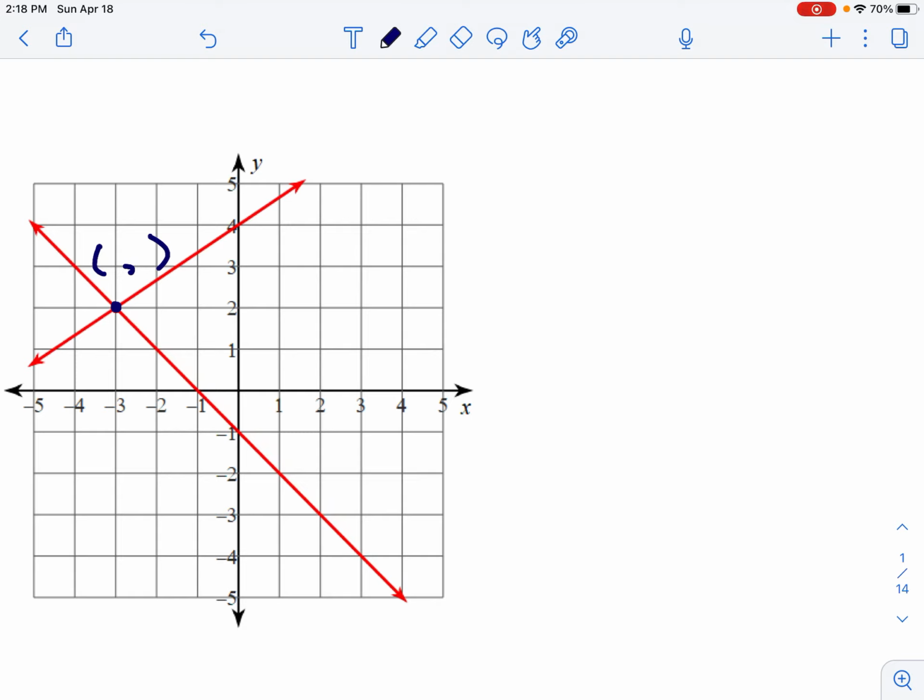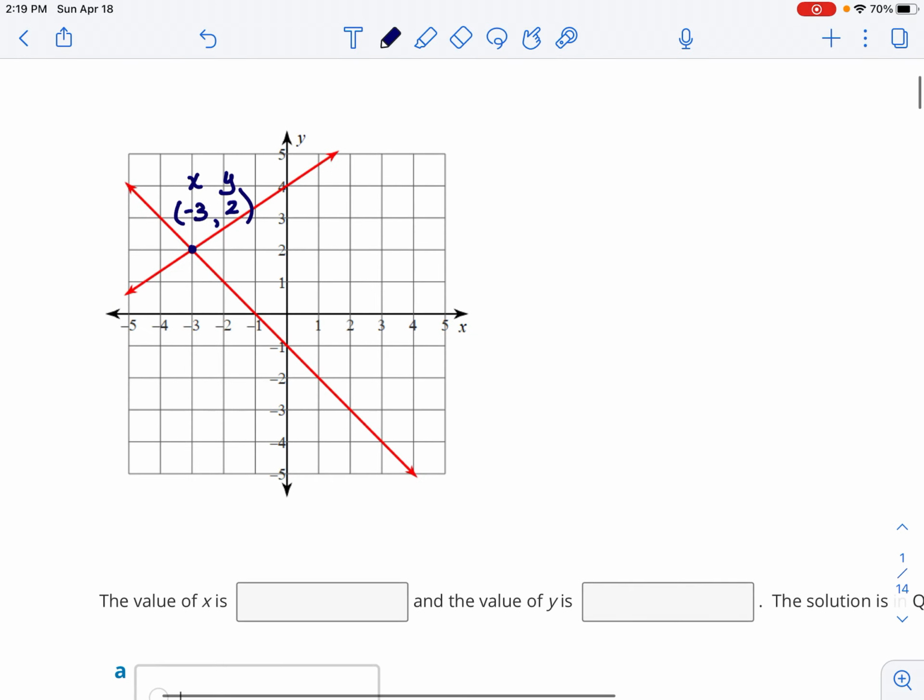So since that point is to the left, that is the first thing I need to identify. How far to the left does it move? So specifically, it's gone to the left 3 spots from the origin. And then from there, it went up 2, so the y coordinate would be a 2. And we always say x coordinate first and then the y coordinate.